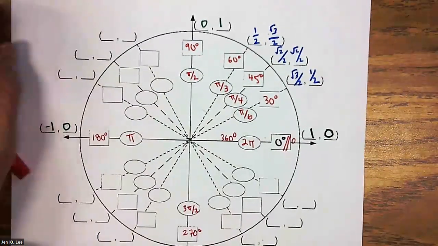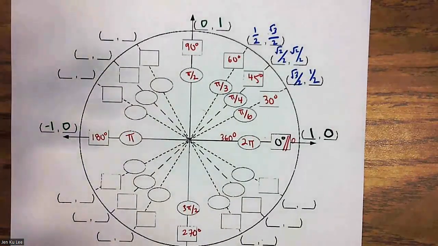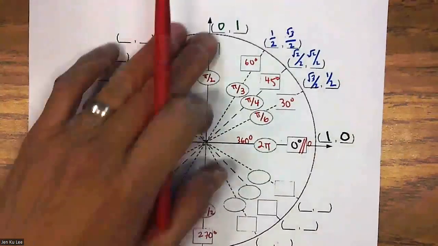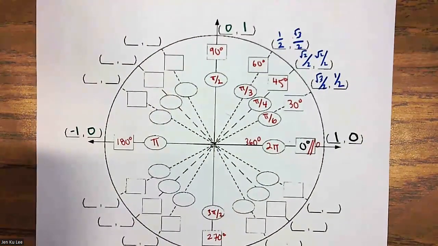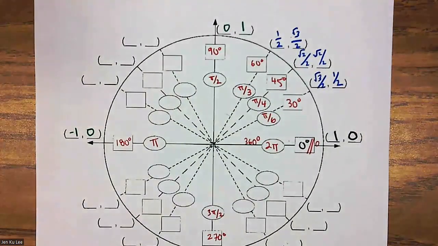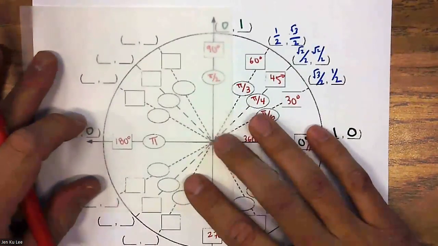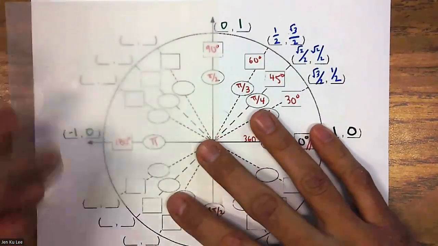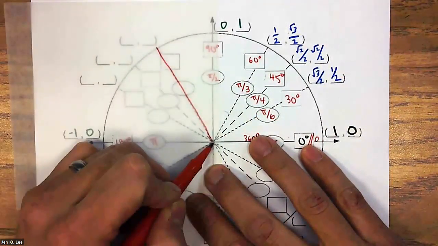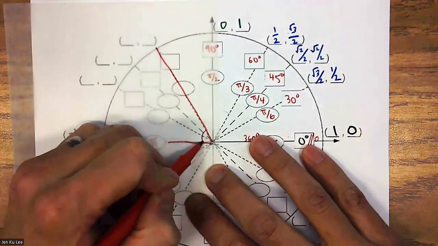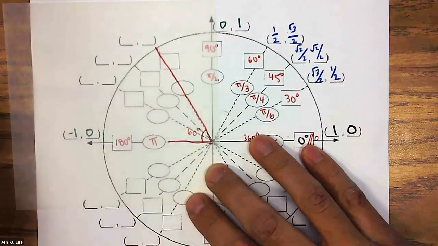Actually, let's backtrack. So I feel confusion already. Okay. So looking at these, the angles in quadrant 2, if I look at this first one right here, what is this reference angle? 60, right?